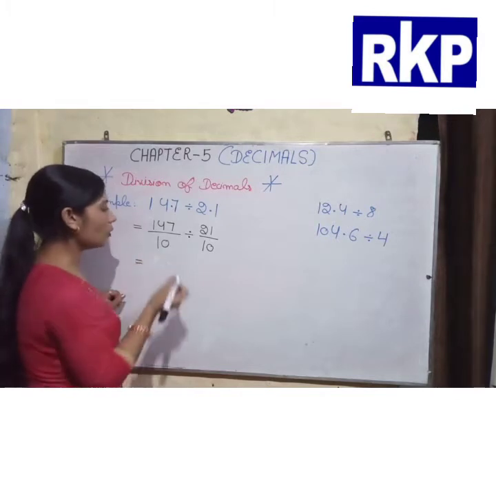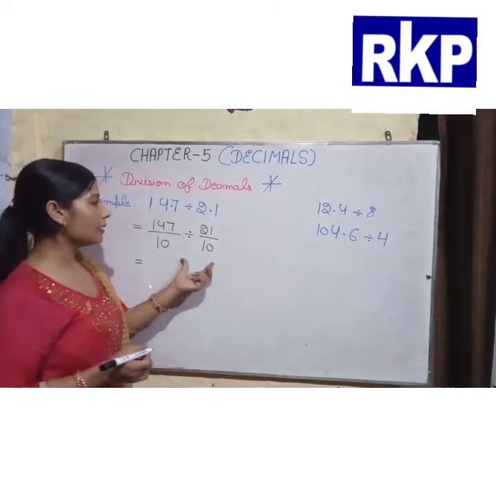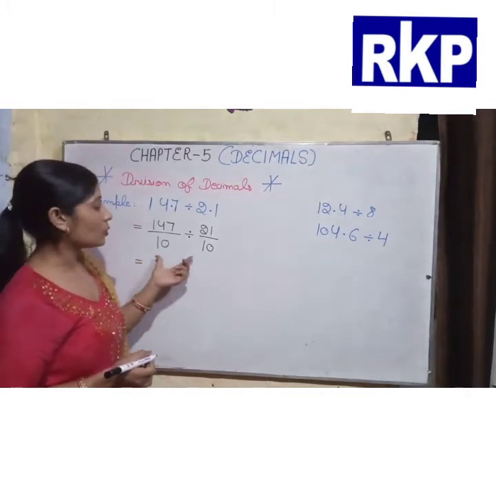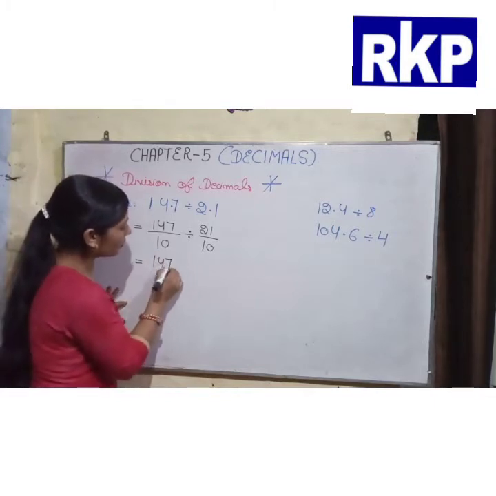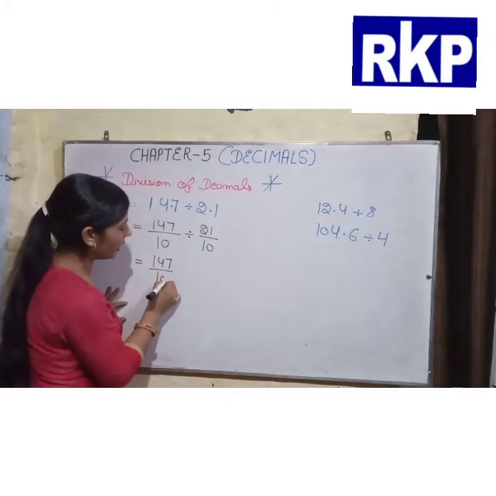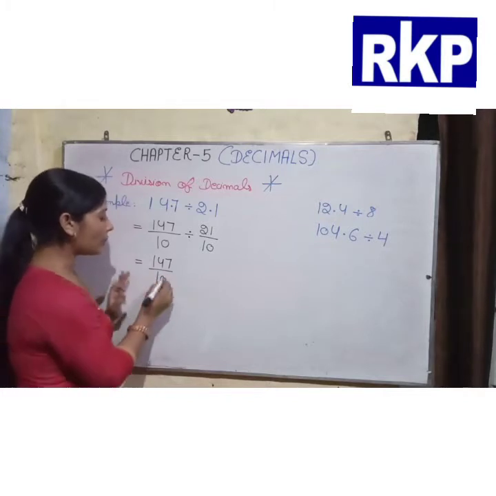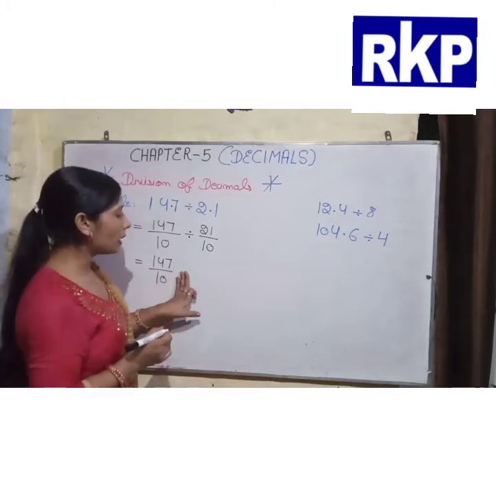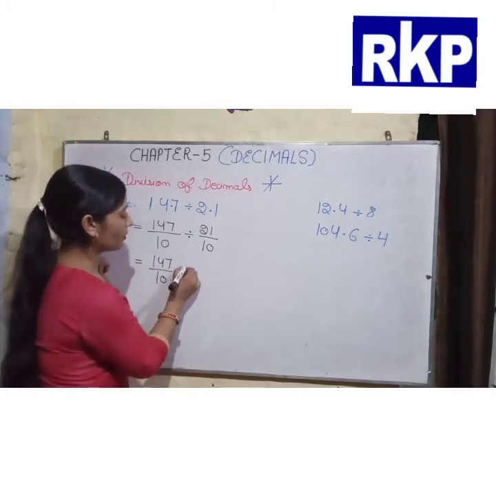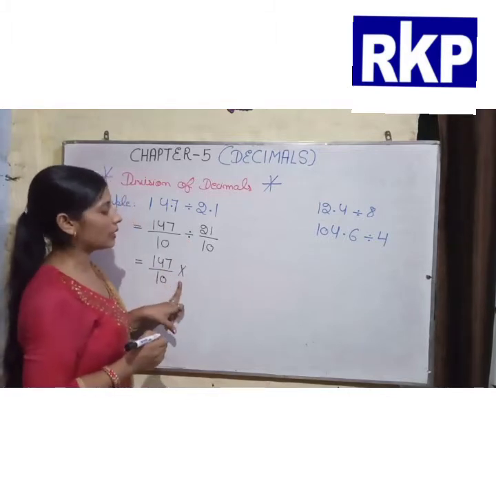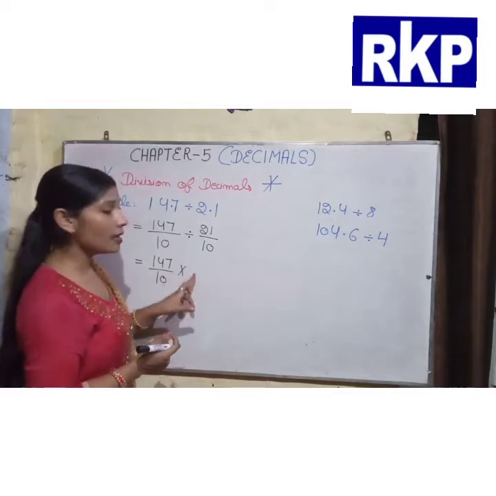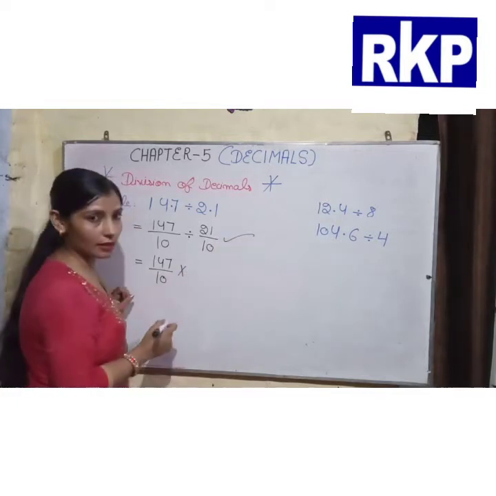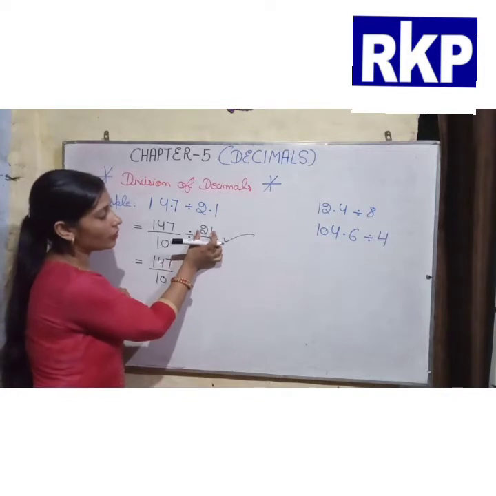Now beta we know how we can divide the fractions. Okay, so let us see how we can divide. Here we have to write 147 by 10 as it is, and now after this we have to replace the sign of division with the sign of multiplication, and after that we have to write here the reciprocal of this fraction, and here we have 21 by 10.